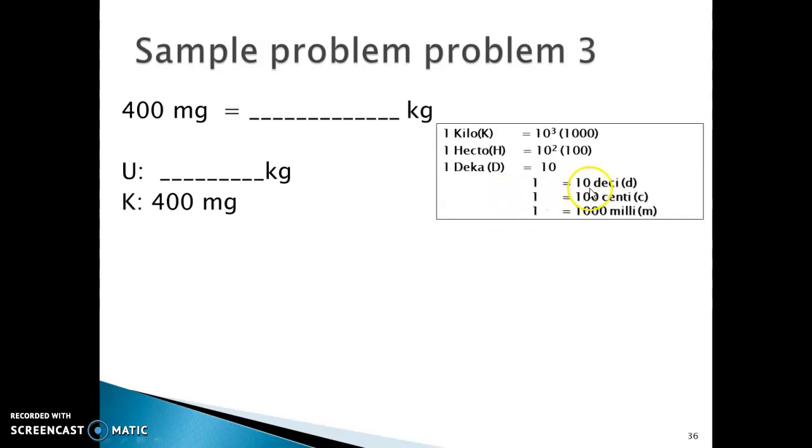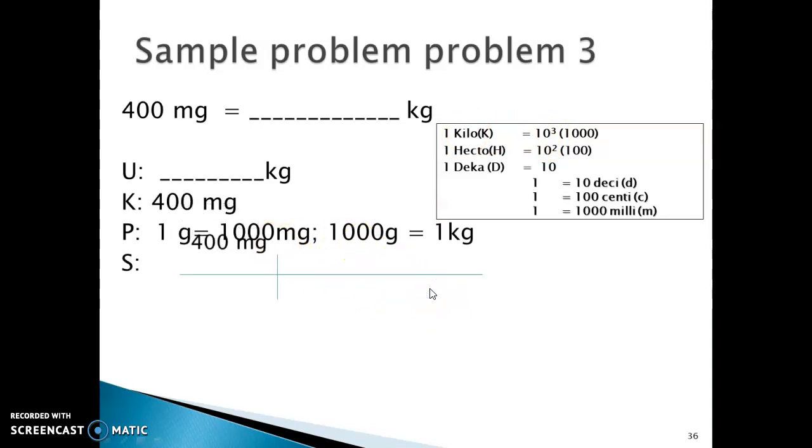We can get from milligrams to grams, and then we can get from grams to kilograms. So there's 1,000 milligrams in a gram, and then there's 1,000 grams in a kilogram. So that's going to be 2 steps.